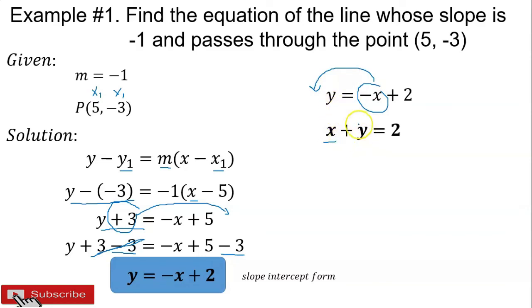Plus y, kinopya ko lang yung y, is equal to positive 2. So, eto na ngayon yung equation ng line na nasa standard form. So, ganun lang kung paano kunin yung equation ng line given the slope and 1 point.